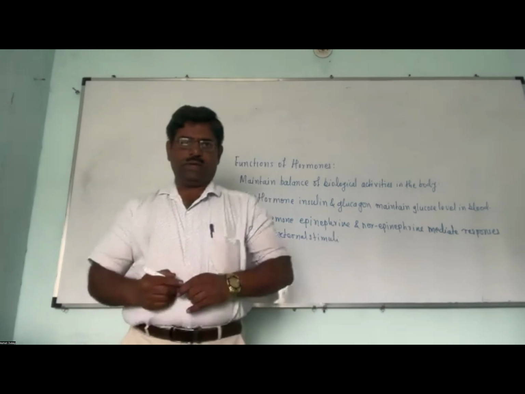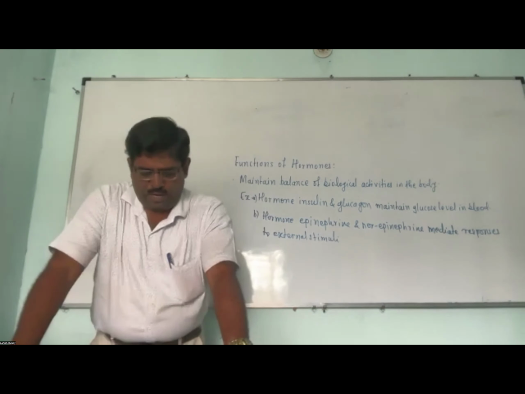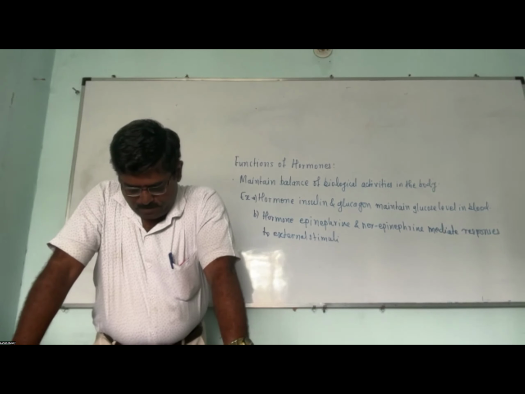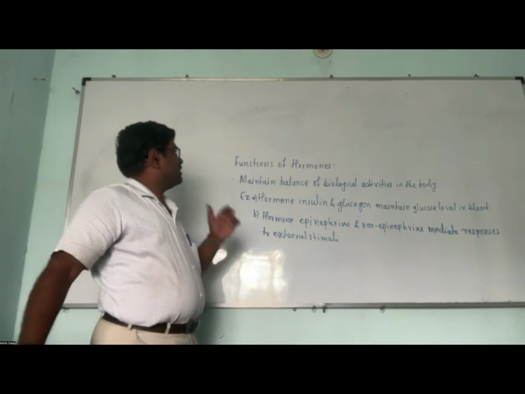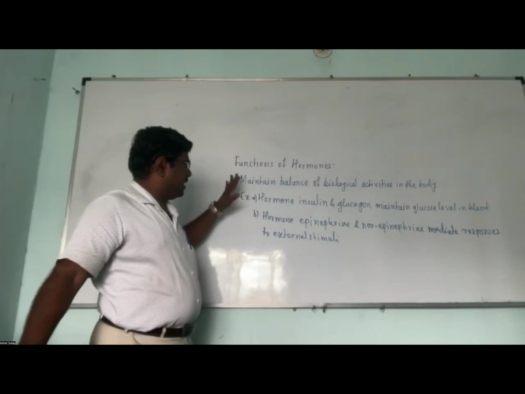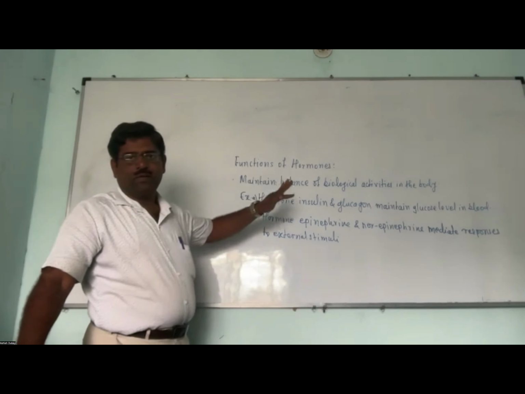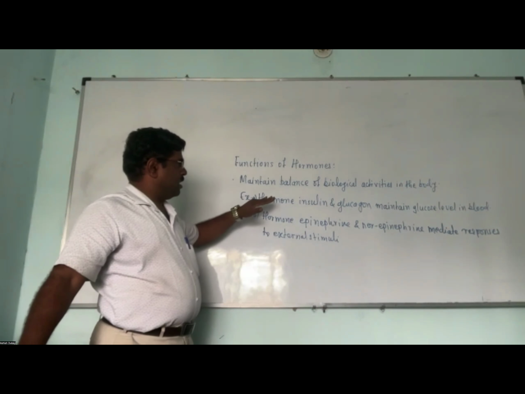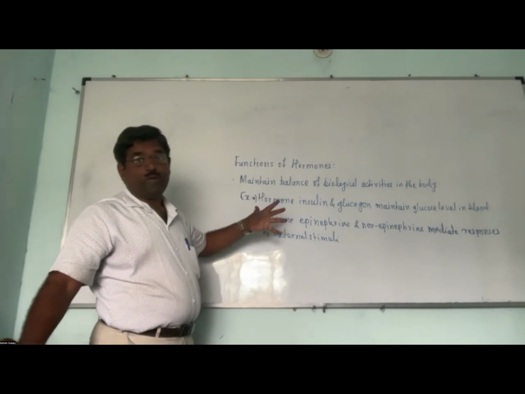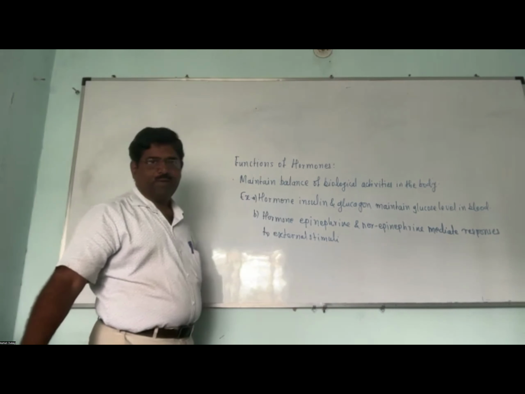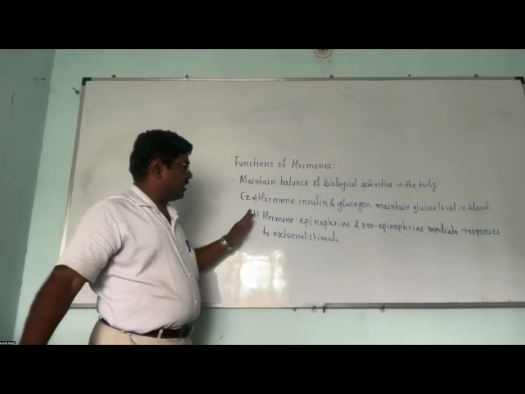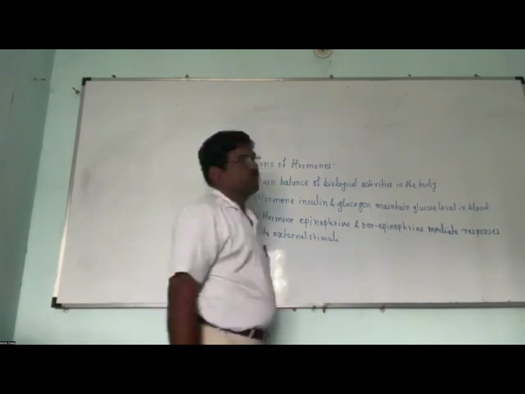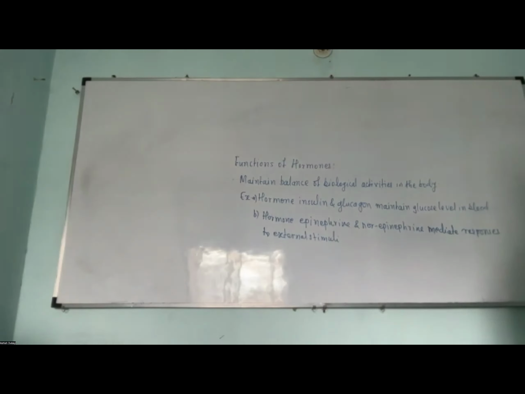So, what is the first function? It maintains balance of biological activities in the body. For example, insulin and glucagon together maintain glucose level in the blood, and epinephrine and norepinephrine mediate responses to external stimuli.